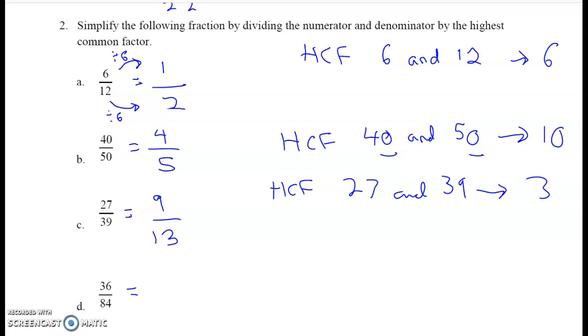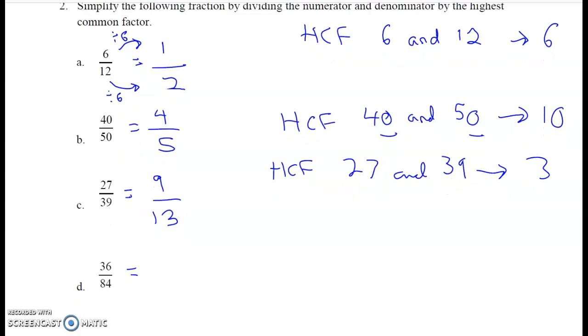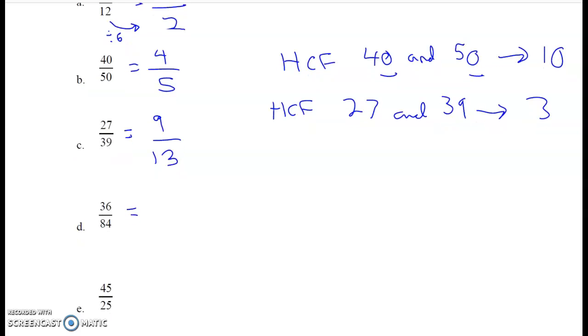And so rather than writing out long lists of factors, you could just do a process such as halving them, and that might help us to get there. So if we halve 36 divided by 2, we're going to get 18. If we halve 84, we're going to get 42. Now if we did that again, we halve them, 18 would be 9, and 42 would be 21.